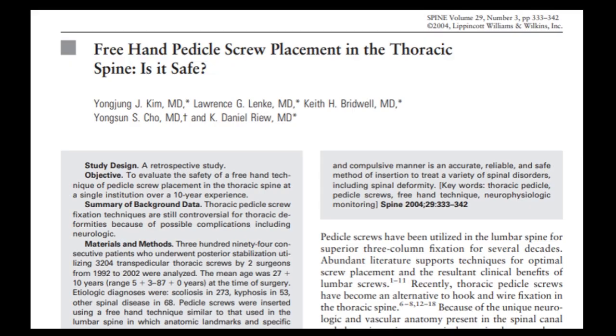This first one is described in this paper by Kim and Lawrence Lenke, which is basically freehand pedicle screw placement in the thoracic spine. Actually, freehand means what? As little use of the C-arm as needed.